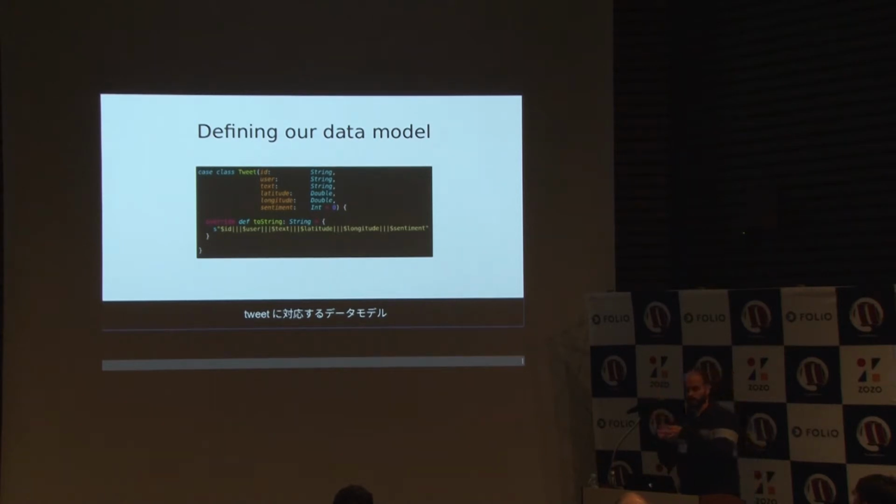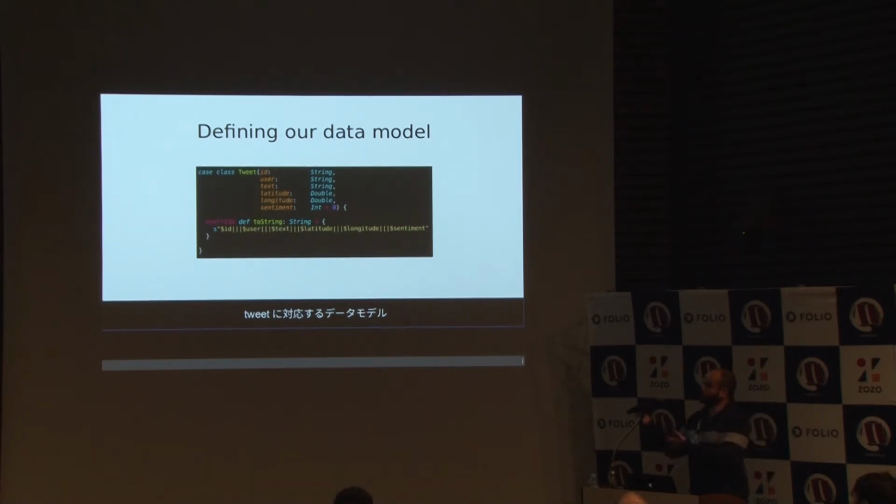We will create a case class called Tweet. It will have an ID, which is the ID of the tweet itself, the user that sent it, the text, of course, we need that to analyze the sentiment, and then the latitude and longitude to be able to position that on a map so our user can see where those things are being said.